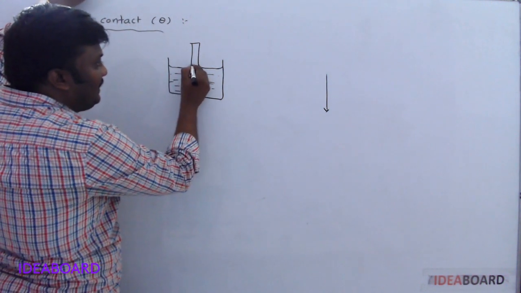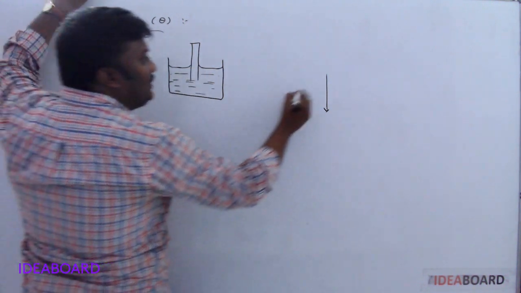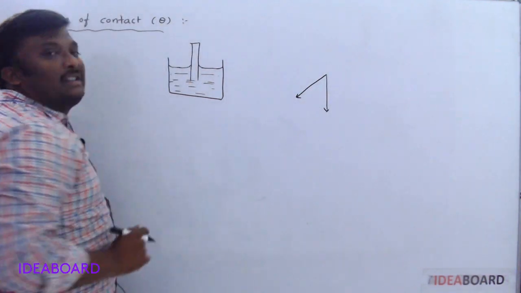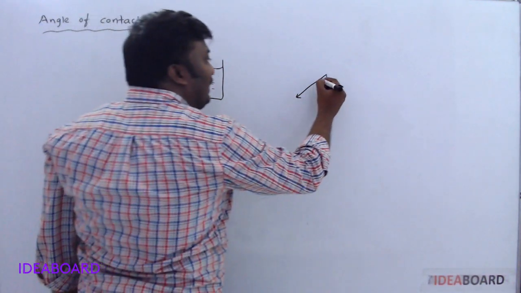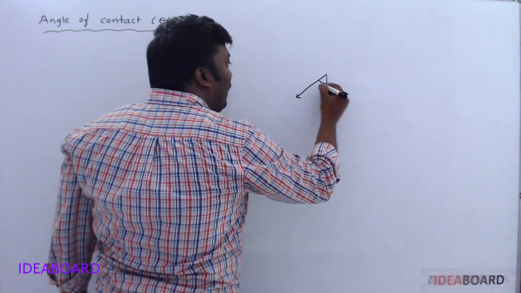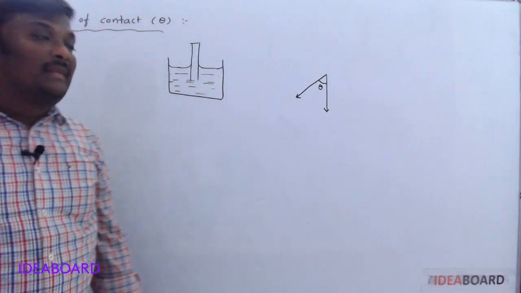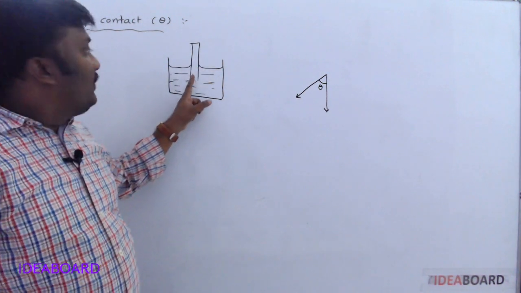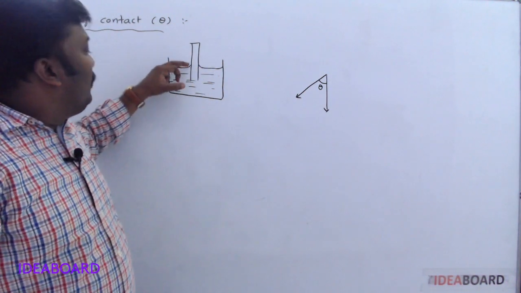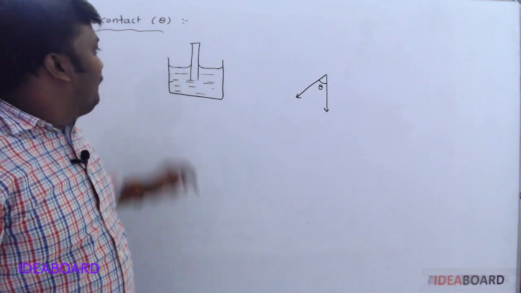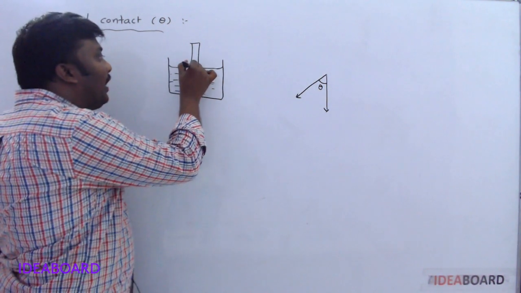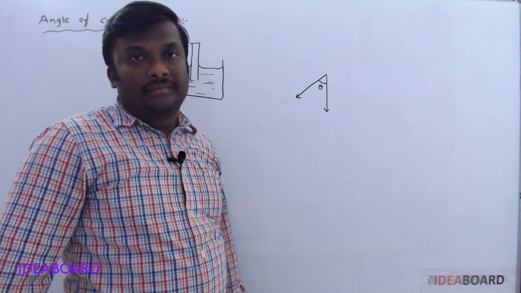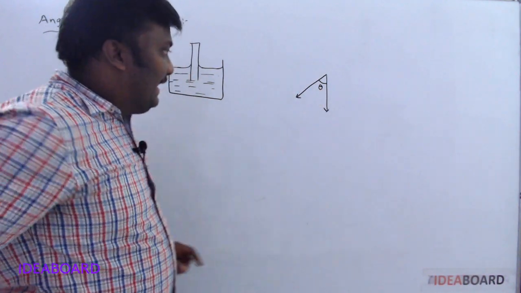At this place the liquid makes some curvature, so the tangent to the liquid surface within the liquid is taken. The angle between the tangent of the solid surface and the tangent of the liquid surface at the point of contact is called the angle of contact.